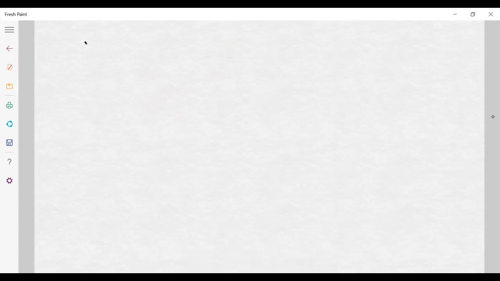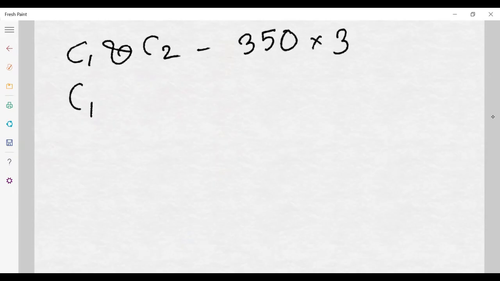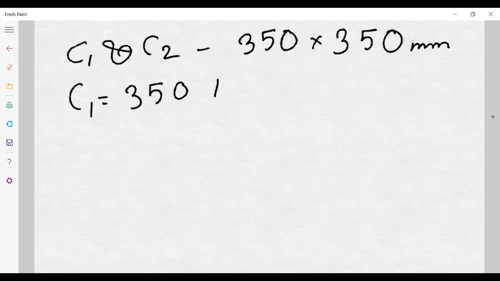Suppose there are two columns, C1 and C2, both 350 by 350 mm in size. C1 has a load of 350 kilonewton and C2 has a load of 750 kilonewton.